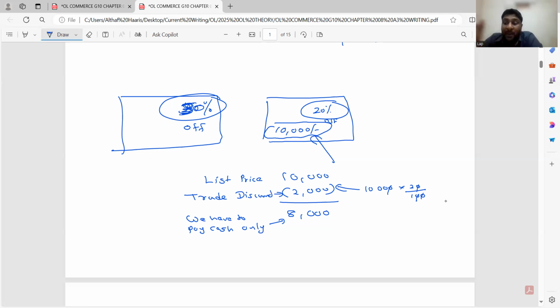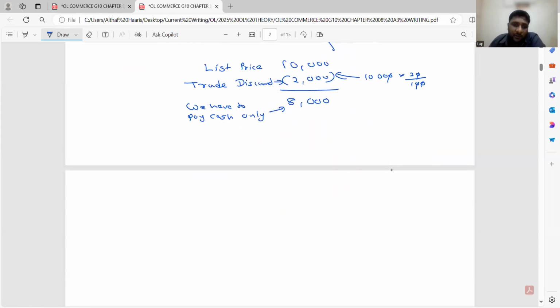You are buying it, but you are not giving money to him. You are telling him, Macha, I'll give you the money in another 3 months. So now you should pay him 8,000.